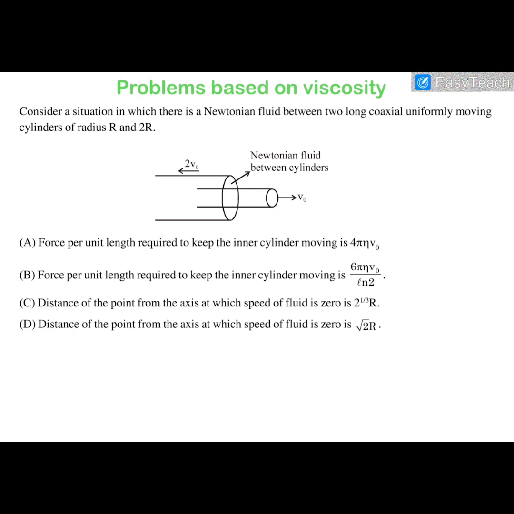The pipe is moving with a constant velocity of 2V0, while the inner cylinder is moving with a constant velocity of V0. To keep this cylinder moving with constant velocity, a force needs to be applied on the cylinder. So we have to find out how much this force will be.